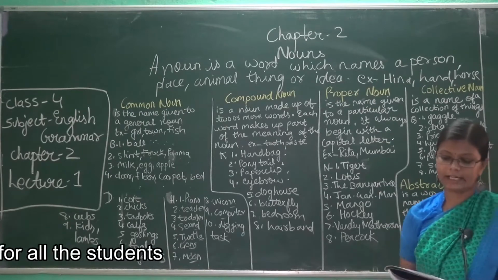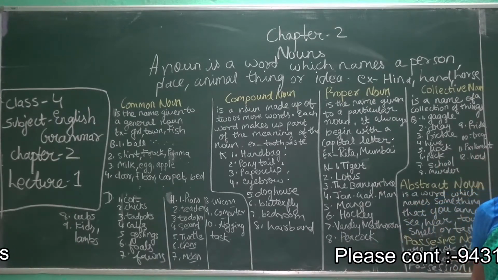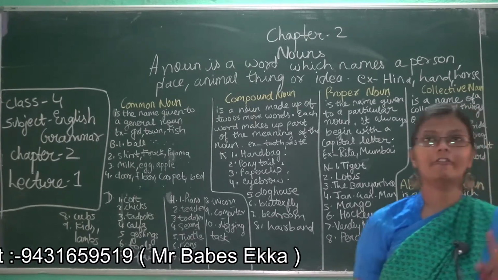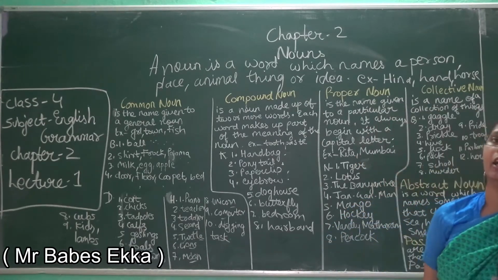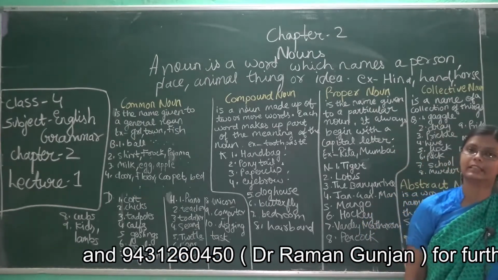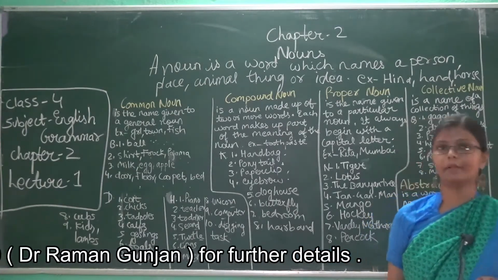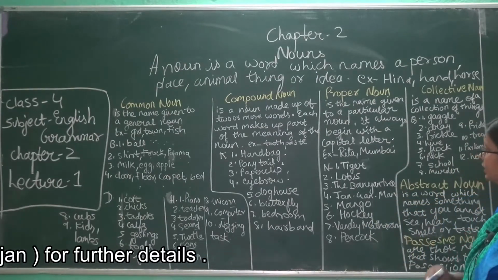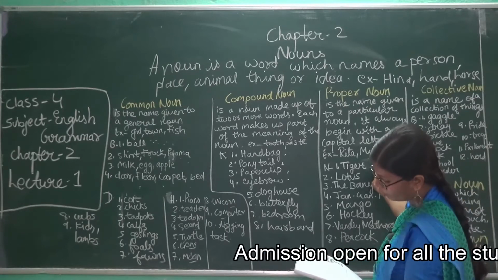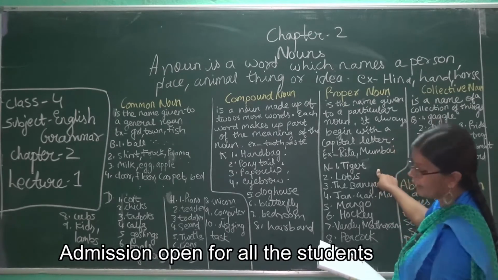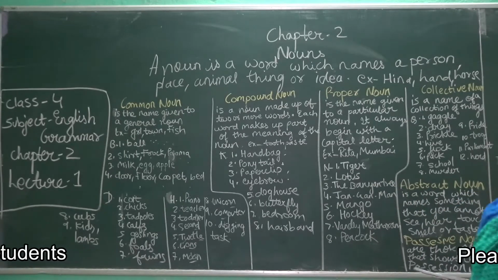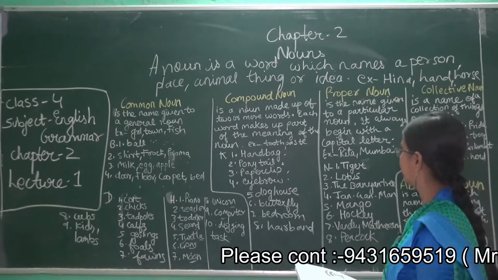So just underline the names which are in capital letters. Don't forget that a proper noun always begins with a capital letter, no matter where we write it. Now see number N question. Use proper nouns to write the national symbols of India. So India's national symbols are given, and you have to write the names of them.